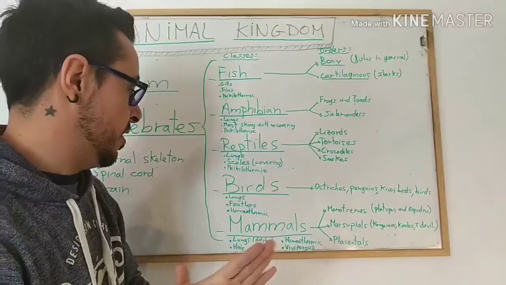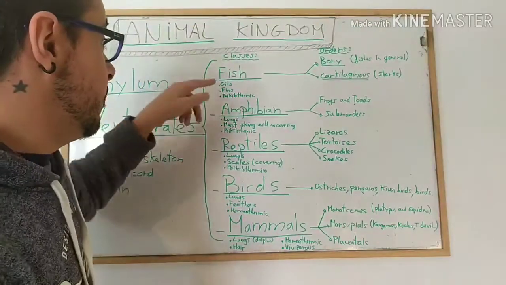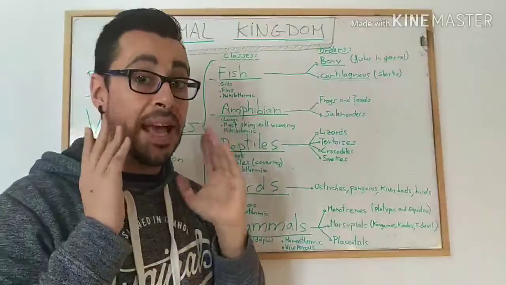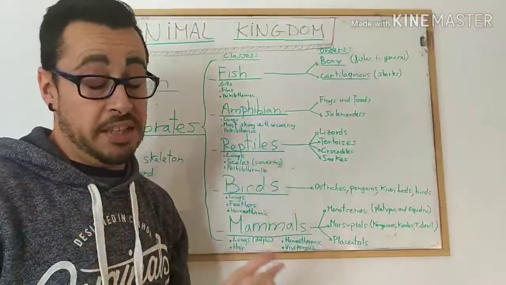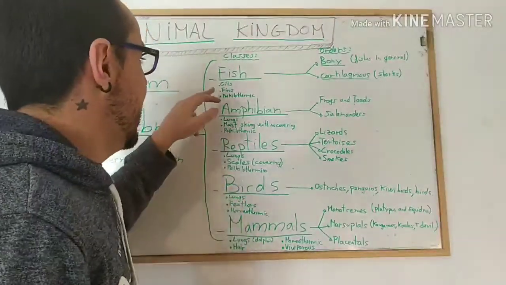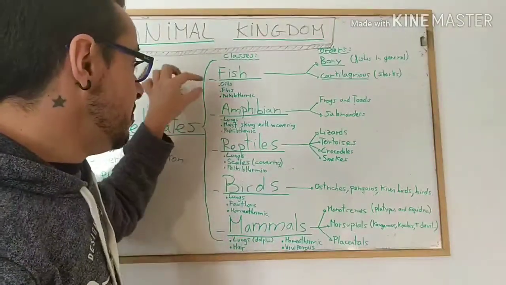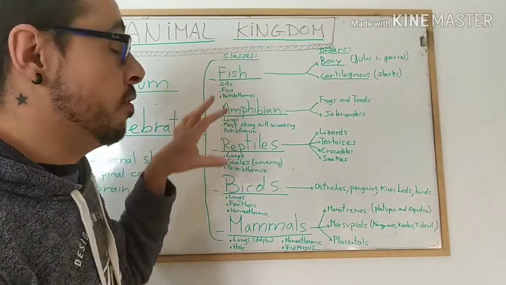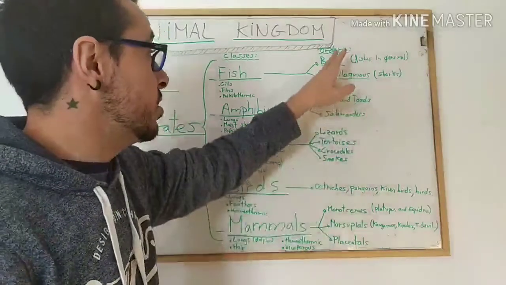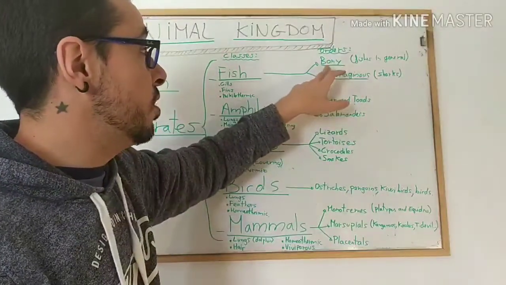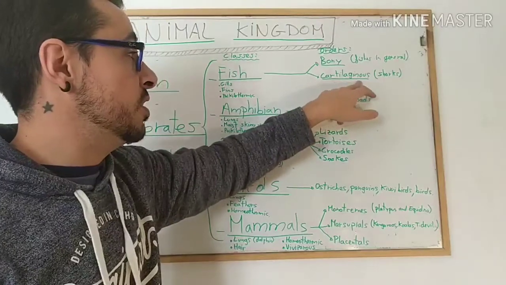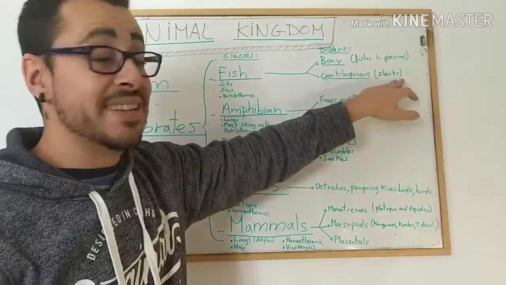Okay, that's all. So, fishes, they have gills, branchias, because they live inside the water, obviously, and they have fins, aletas. These are the characteristics of fishes, and we can find two orders of fishes: bony fishes and cartilaginous fishes. Cartilaginous fishes are sharks.